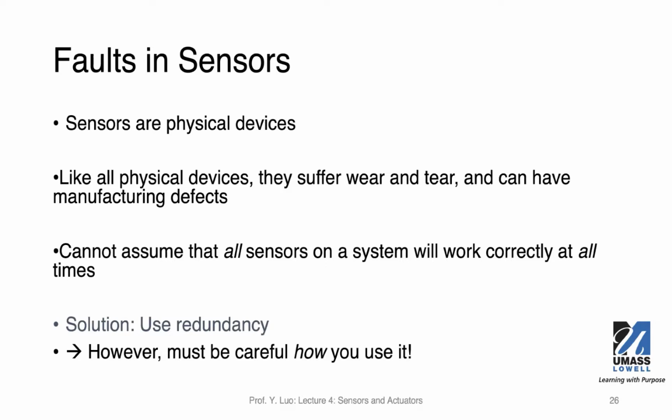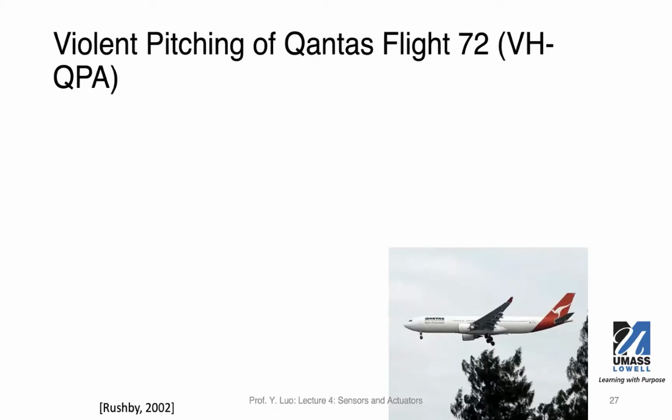A typical solution is to use redundancy. You have multiple sensors to measure the same thing, get the readings from all these sensors, and make a decision. However, it sounds good when you have multiple sensors, but you should also be careful how you use them.